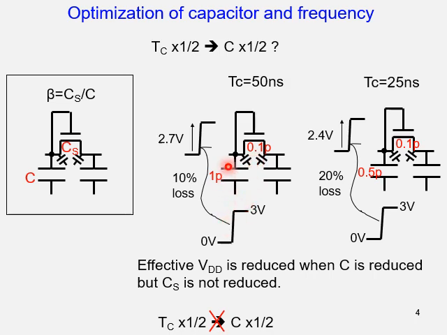Then this capacitor divider reduces the actual amplitude at this node by 10%. And therefore, in this example, the effective clock amplitude would be 2.7 volt.